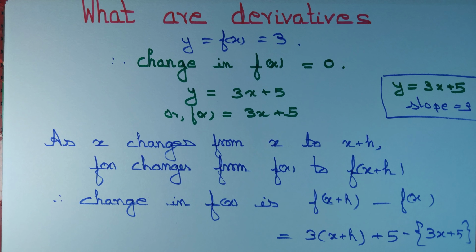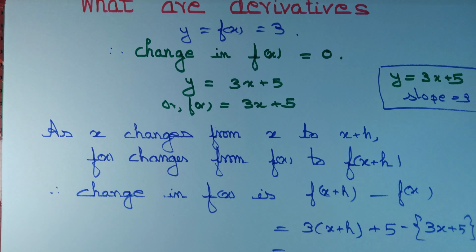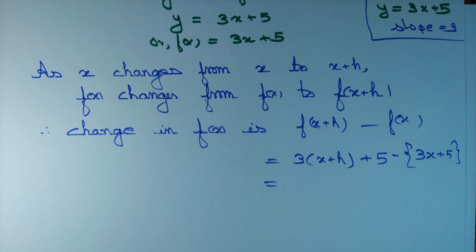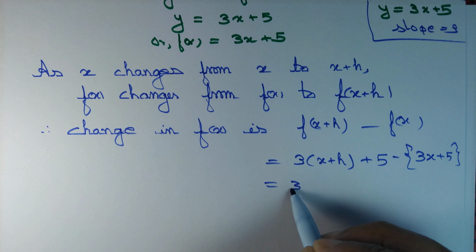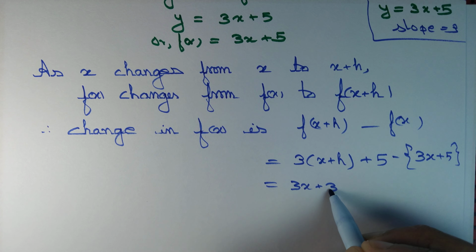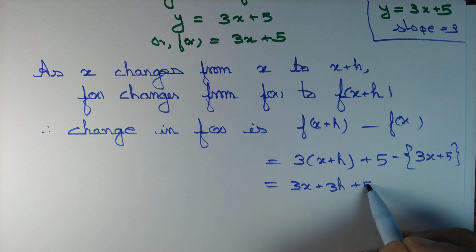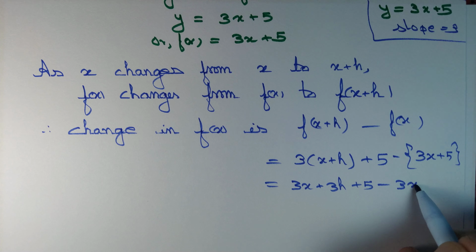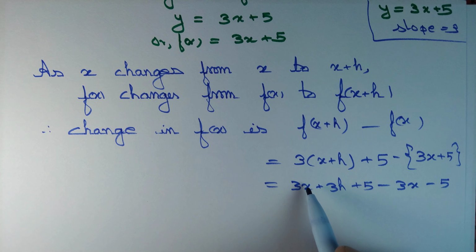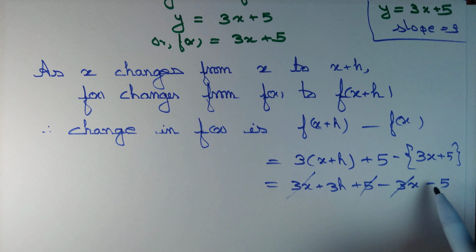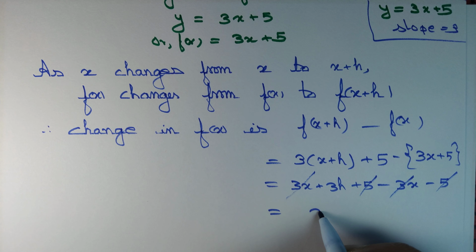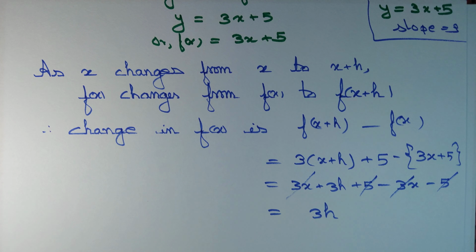Okay, we can simplify this expression and write it as 3x plus 3h plus 5 minus 3x minus 5. We can cancel 3x, we can cancel 5, and so this is just 3 times h.